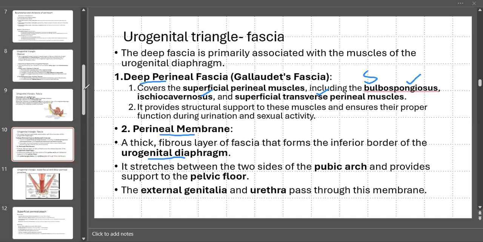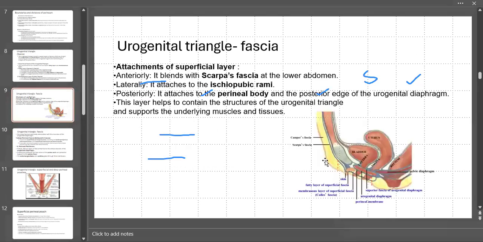For learning the perineal membrane, you have to look at this diagram. Look at this. Skin, then two parts of the superficial fascia, fatty layer and membranous layer. We decided that membranous layer of superficial perineal fascia is called as Colles fascia. Then we have deep fascia, and from the deep fascia, you have this line to follow.